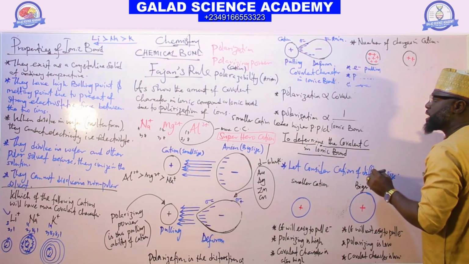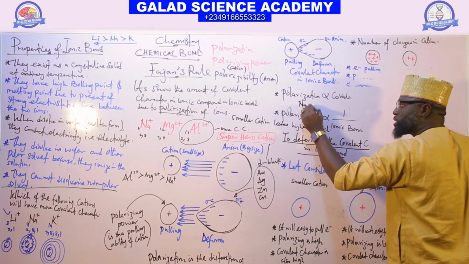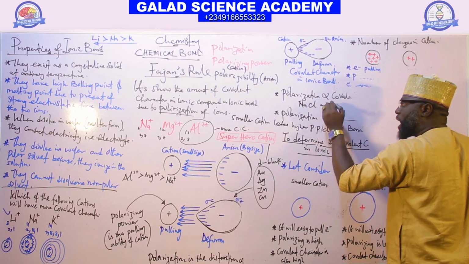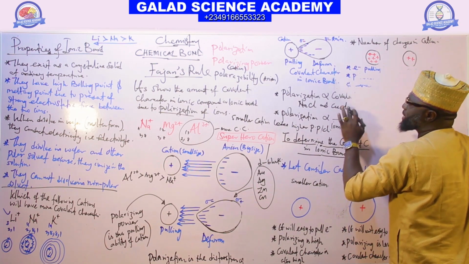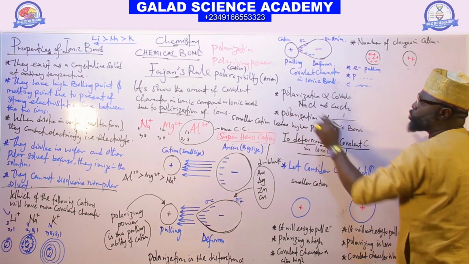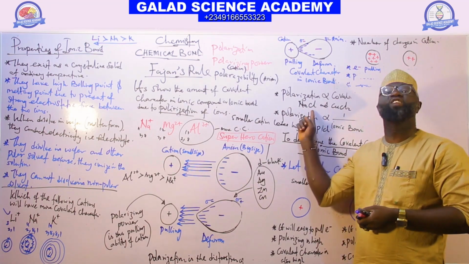Assume we are given a salt: we have sodium chloride salt and we have copper chloride salt. You are asked which of the two will experience more covalent character.